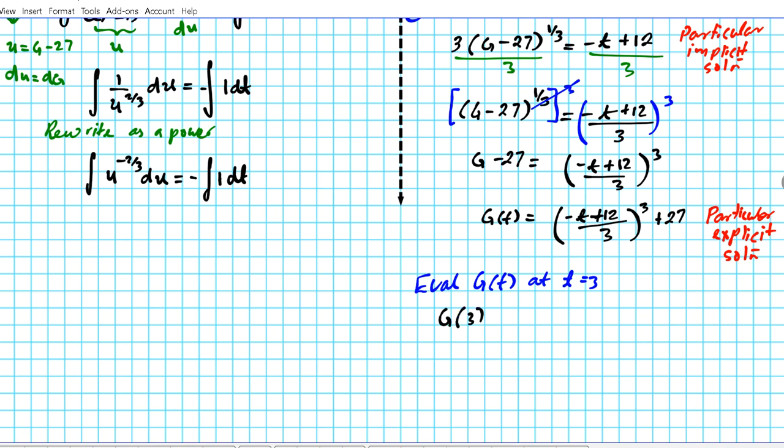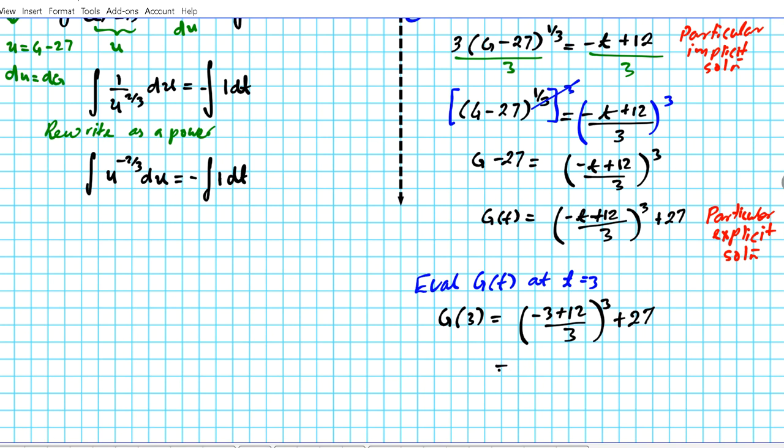So G of 3 is the quantity negative 3 plus 12 over 3 to the third power plus 27. Okay? So for the AP exam, you can leave it just like this. That's sufficient, but we're just going to go all the way. We're just going to use our order of operations here to finish up the problem.